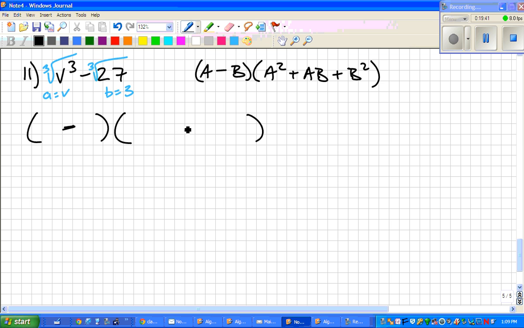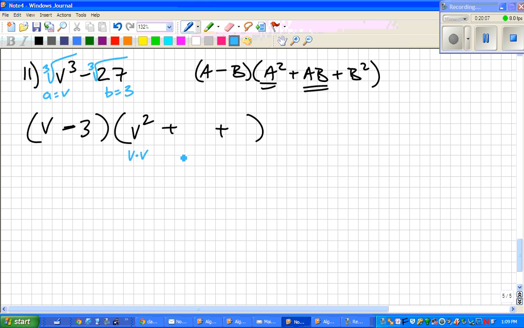Okay, now right away I'm just filling in what the signs are. So we just said that a is v and b is 3. So we got v minus 3. So for a squared, you have to do v times v, and that gives us v squared.